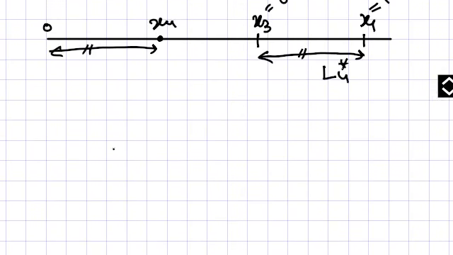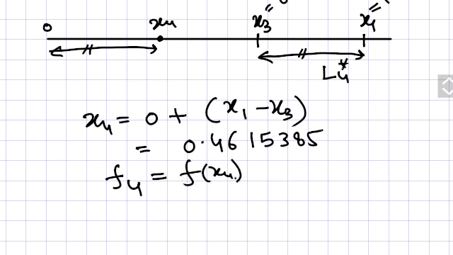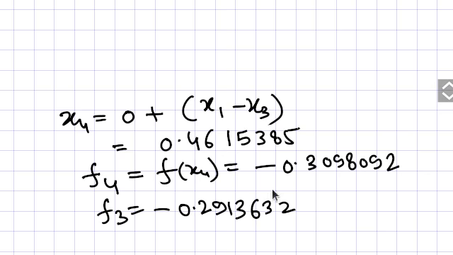If you want to find the point x4, it is very simple, just do x1 minus x3, and you will get the point 0.4615385. Put x4 in the function and you will get the function value f(x4), minus 0.3098092. You compare it with x3, so this is the comparison of two values.